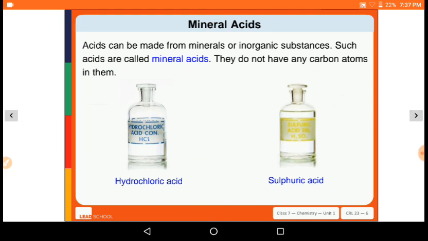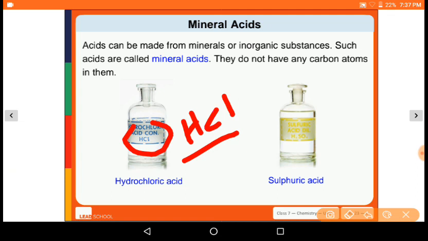Acids can also be made from minerals or inorganic substances, and these are called mineral acids. So we have two types of acid, organic or mineral. They do not have carbon atoms in them. For example, hydrochloric acid, HCl. You can see here it is HCl.